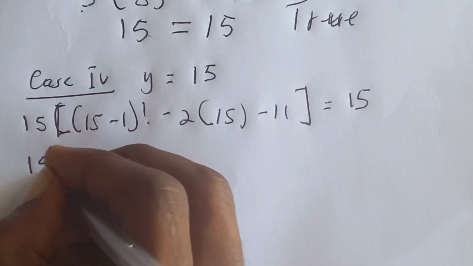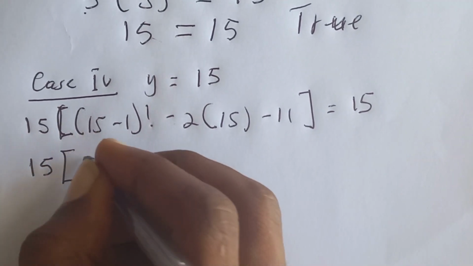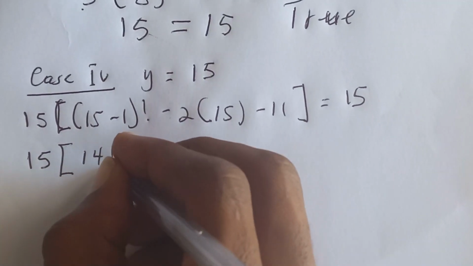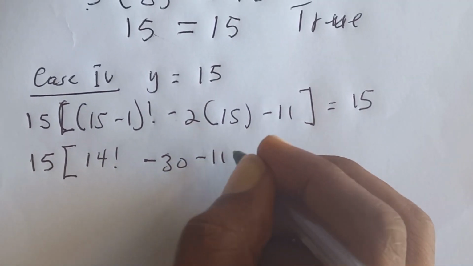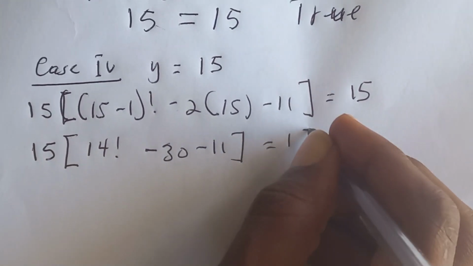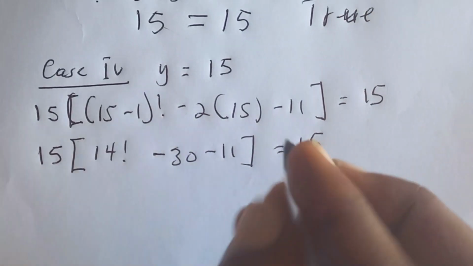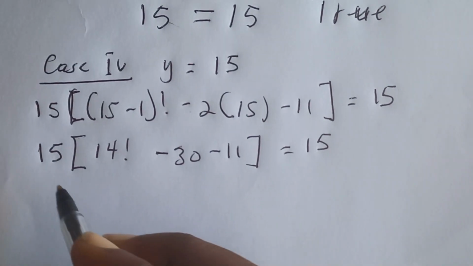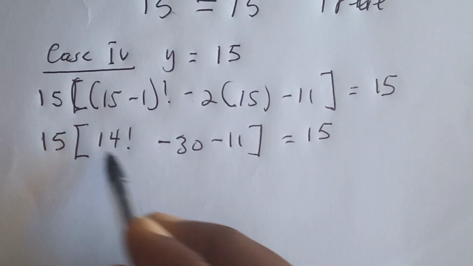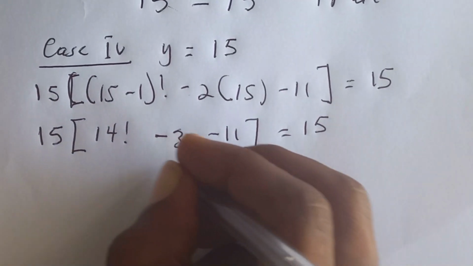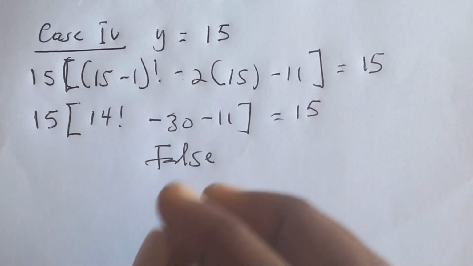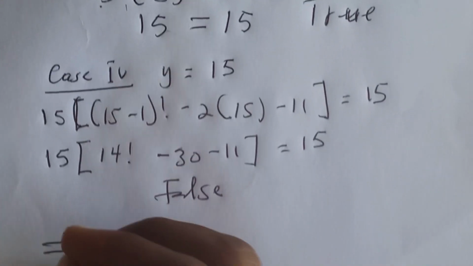So we have 15 times 14 factorial minus 30 minus 11 should give us 15. Let's not even continue because 14 factorial is even more than 15. So we say that it is false, so we reject this.